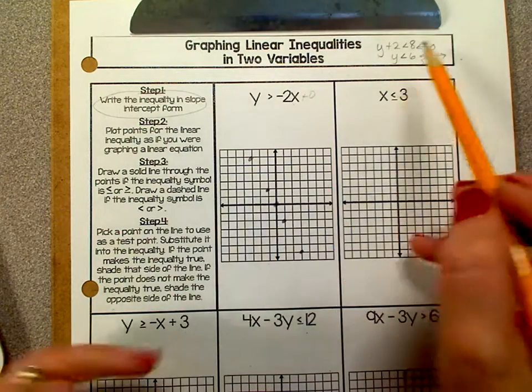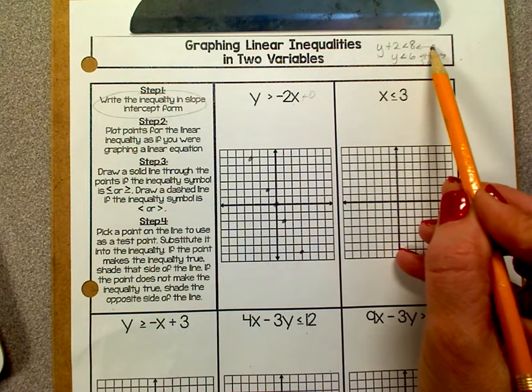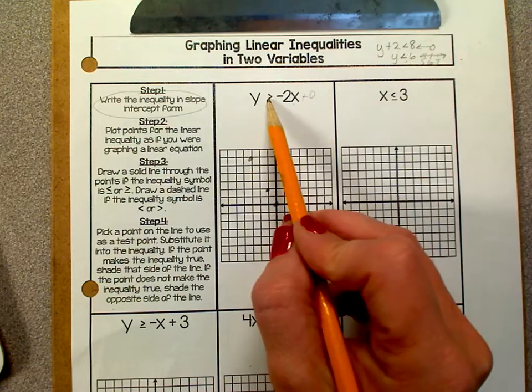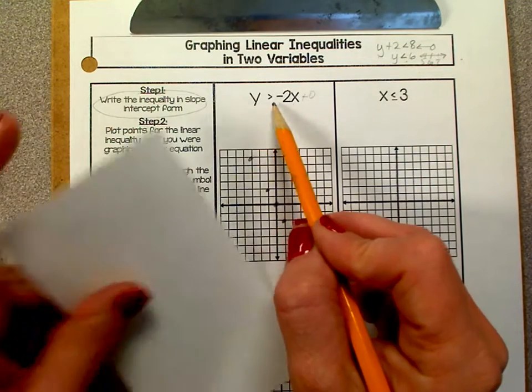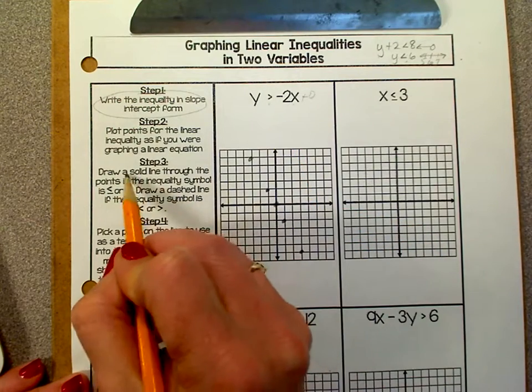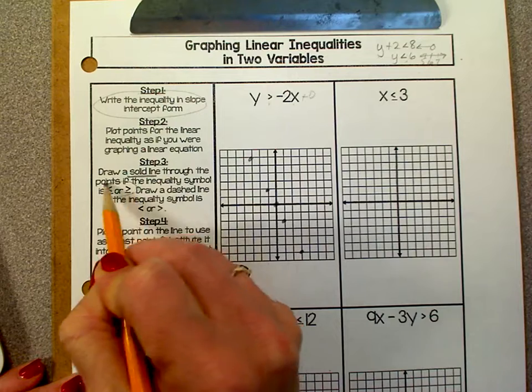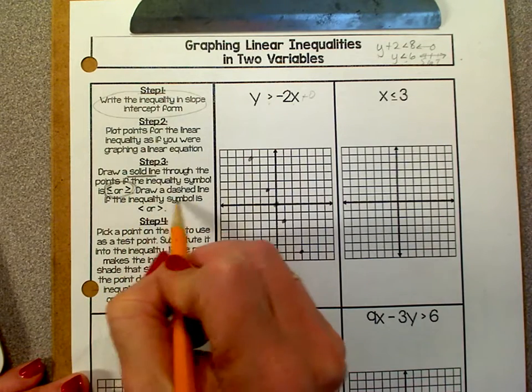Now here's the deal. You got to be careful. Just like up here, that less than or equal to means something, like you had a closed circle if it was equal to. This one, pay attention, it's not equal to. And so we are not going to have a solid line. If it's a greater than or equal to, or less than or equal to, it's going to be a solid line.